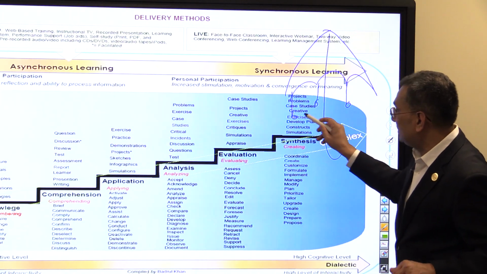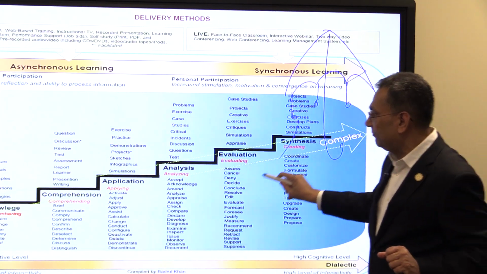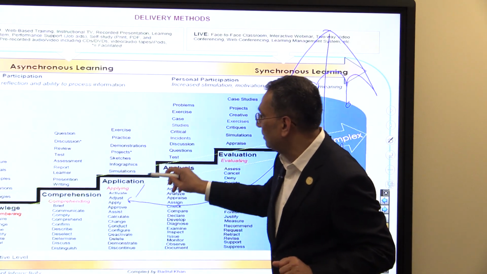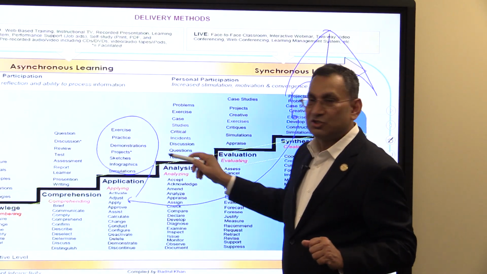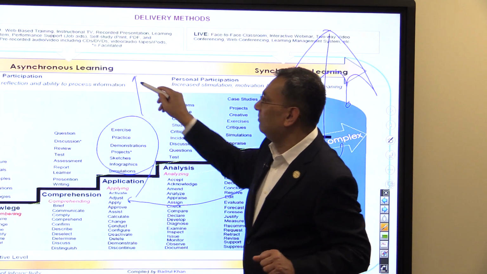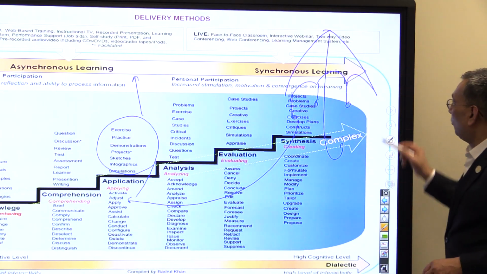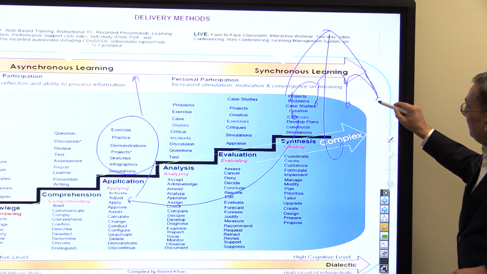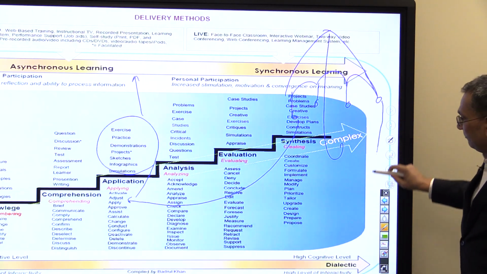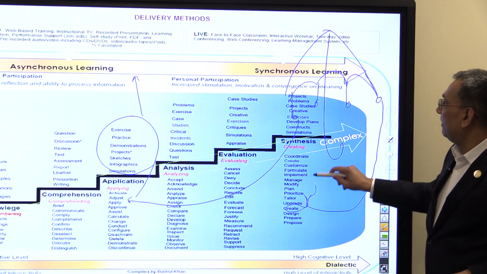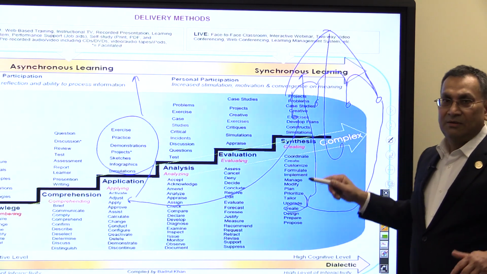If one of these objectives happens to come from here, then you know the available instructional strategies, and you see where you fall. Then maybe learning is good for that. If one of your objectives from the umbrella comes from, for example, create, that probably goes to synchronous.